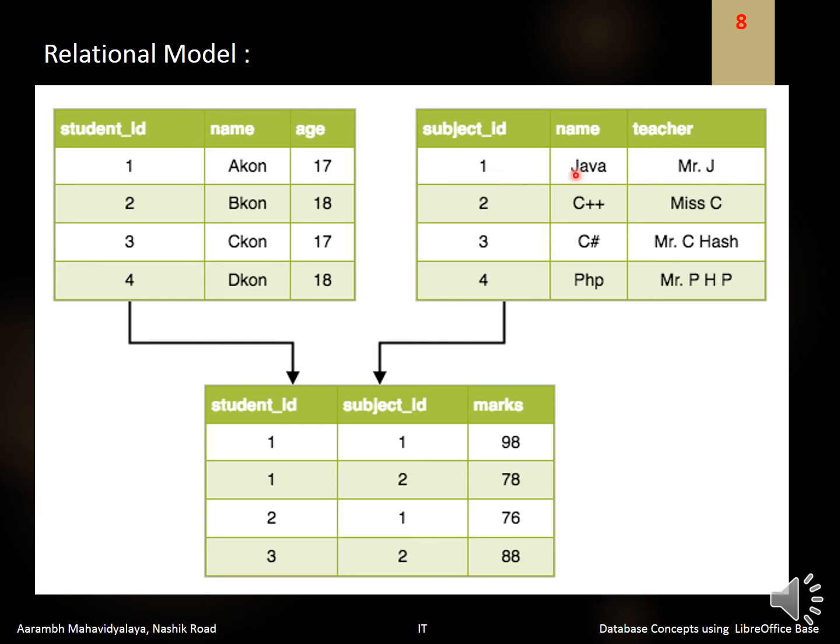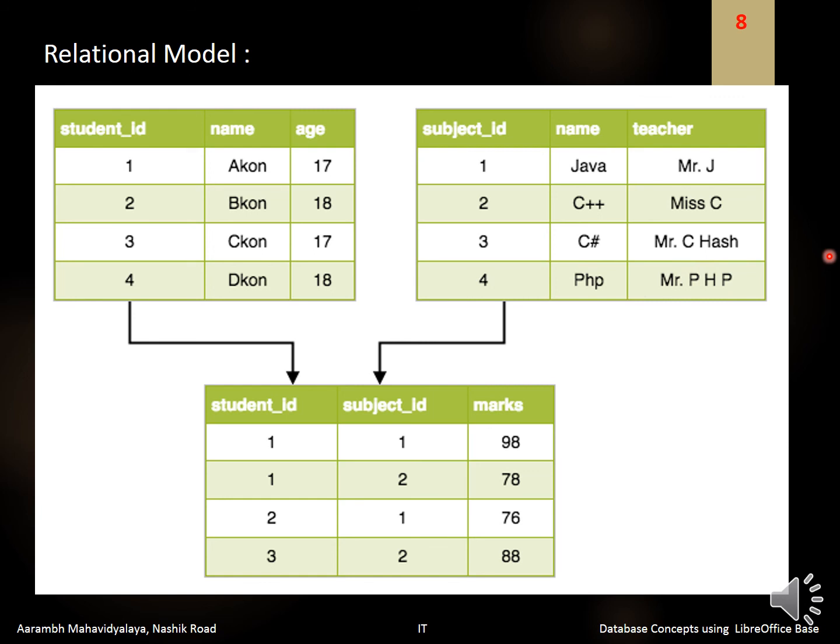Okay, the subject IDs are 1, 2, 3, 4. The first subject ID is 1, and it is Java, taught by Mr. J. Here Miss C teaches C++ with subject ID 2.